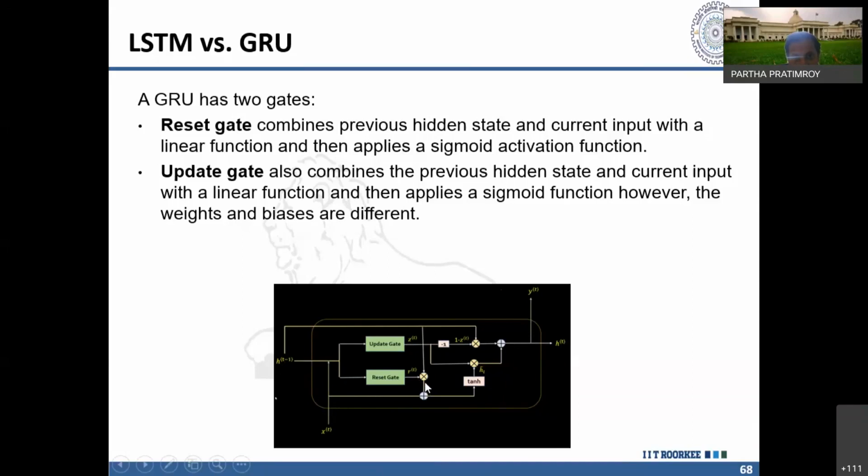Okay, it is a multiplication, the linear function, and then it applies a sigmoid. Here the gate will have some sigmoid function. And tanh for c.